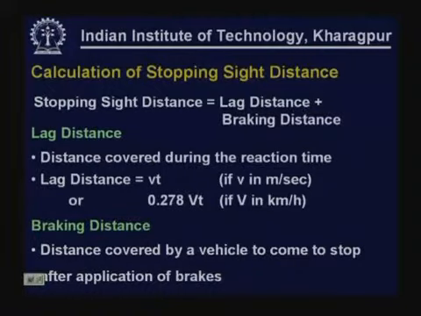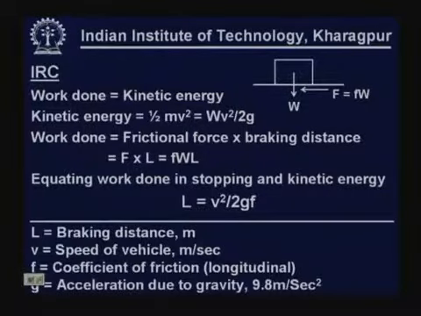Now, the braking distance is actually the distance covered by a vehicle to come to a stop after application of brakes. How can this distance be calculated? The basic equation is work done in stopping equals the kinetic energy.